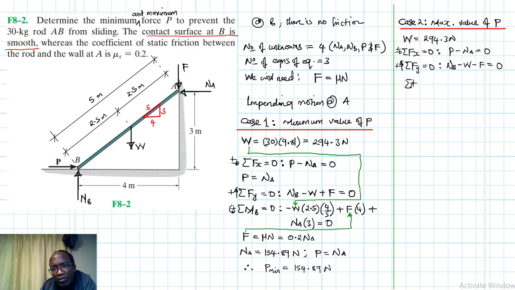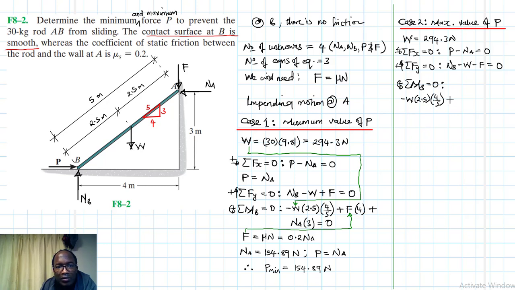Okay, so here we have two minuses. Of course, the useful one is the summation of moments about point B. Again, if you want to, you can take moments about point A. Me, I took it about point B. So we'll have minus W by 2.5, which is just a 2, divided by 4 over 5.